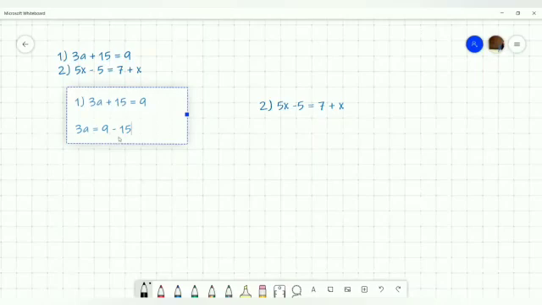So now our equation will be 3a is equal to 9 minus 15 is 6, and here we will put negative sign because 15 is the bigger number. So now our equation is 3a is equal to minus 6.